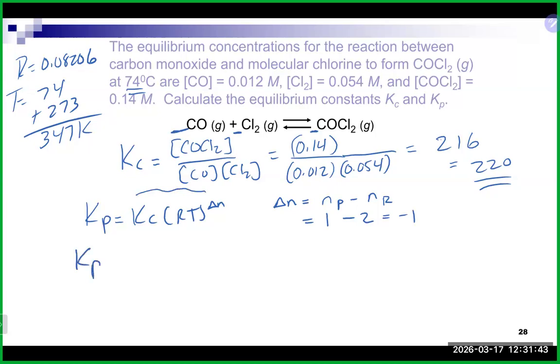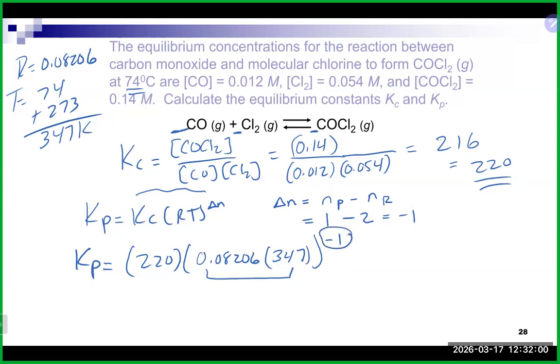Going into our Kp, we'll take whichever number you like. We'll go with the rounded 220. We have 0.08206 times our temperature, 347, and we take that to the -1. I would recommend getting a number here, taking it to the -1, and then multiplying at the end. So 0.08206 times 347, taken to the -1, which is 1 divided by it.